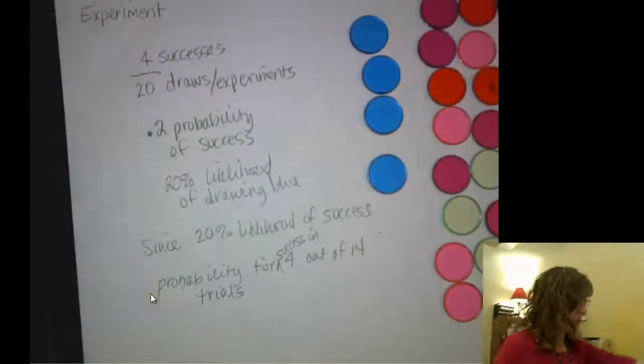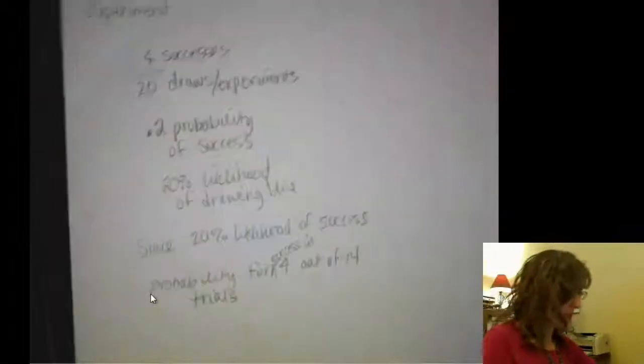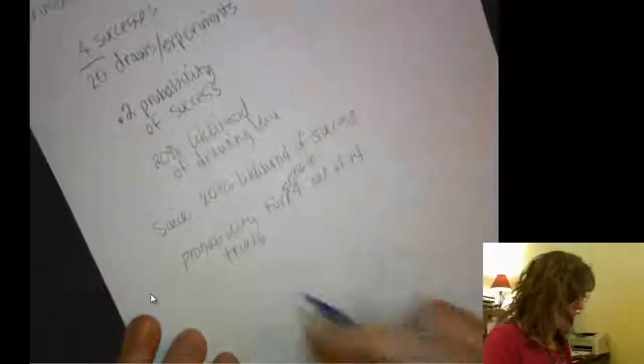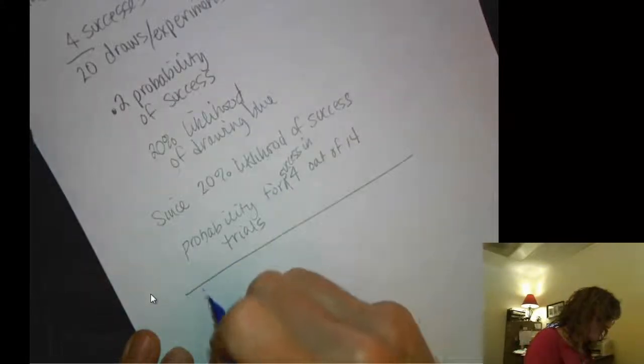Okay, so I'm going to get rid of my little counters here since my experiment is completed, and now I'm going to do some calculating. So I want that formula.